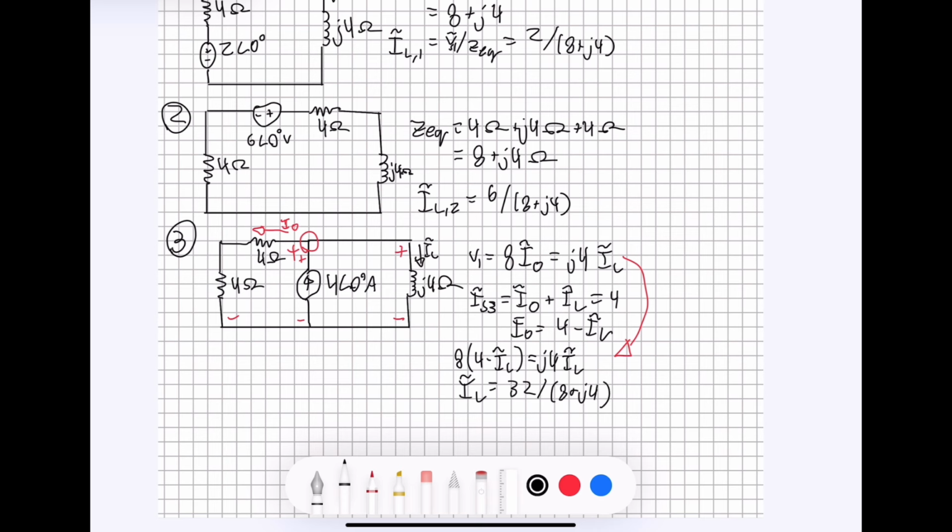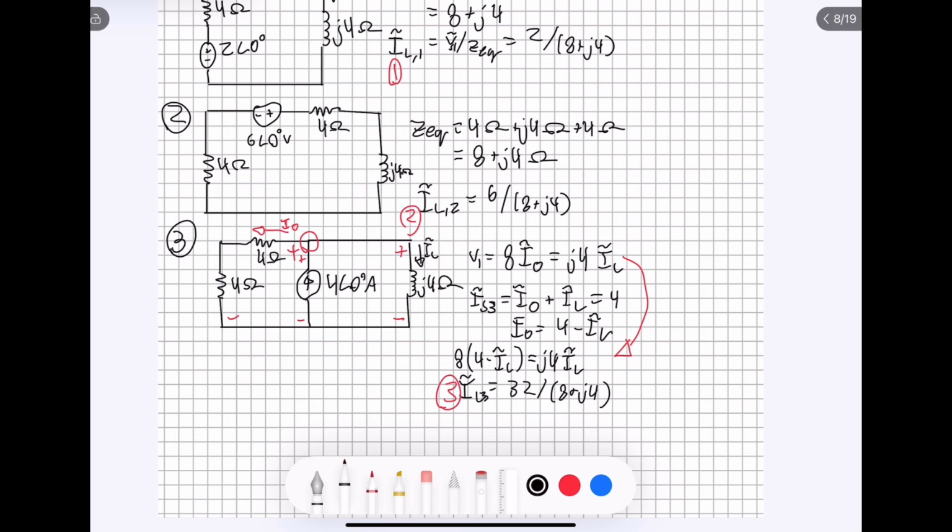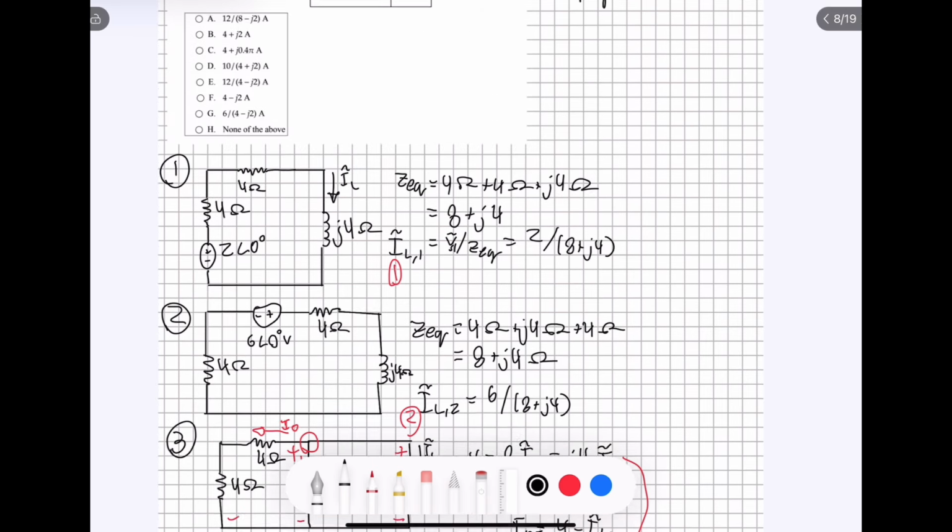All right, now that we have our 3 different answers, number 1 up here, 2, and 3, what we just need to do to find the current of all 3 of them combined is to add them all together. So let's see.